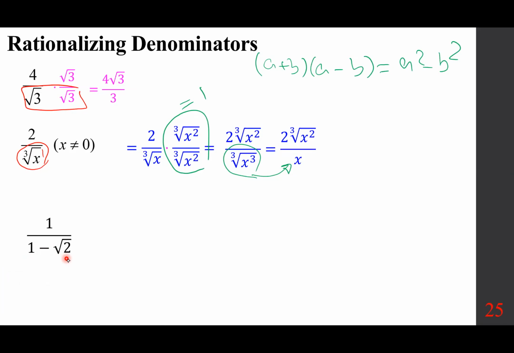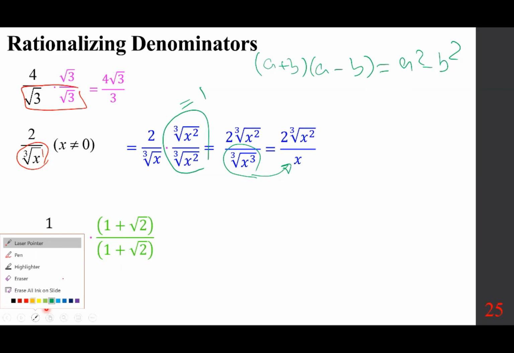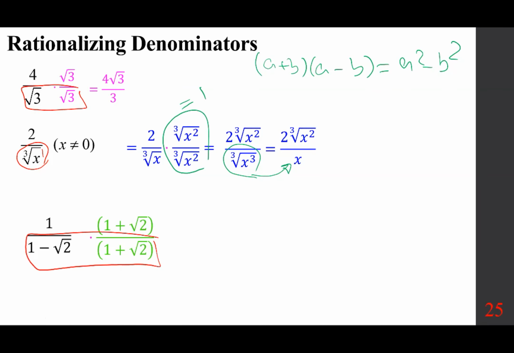We multiply the top and the bottom by it because this fraction is equal to 1. So if I multiply these two, nothing happens. I keep 1 plus square root of 2. But if I multiply these two according to this, I get 1 squared minus square root of 2 squared, which is 1 minus 2, which is negative 1.